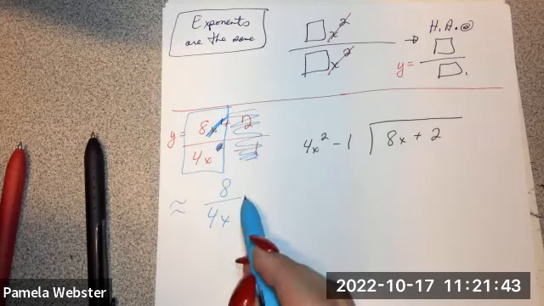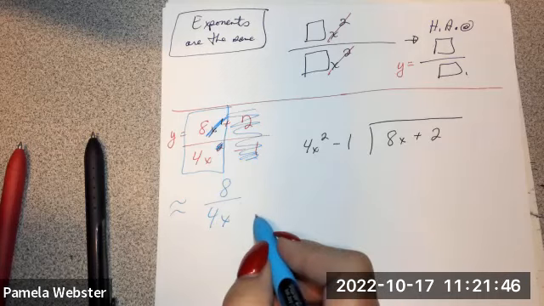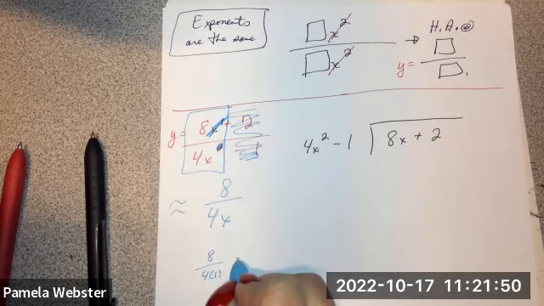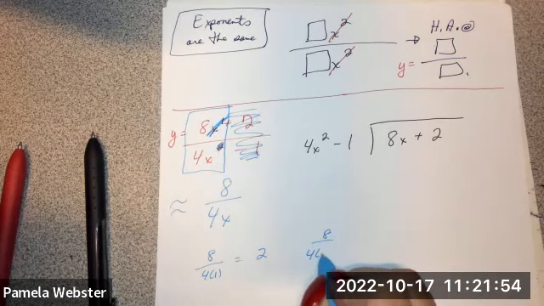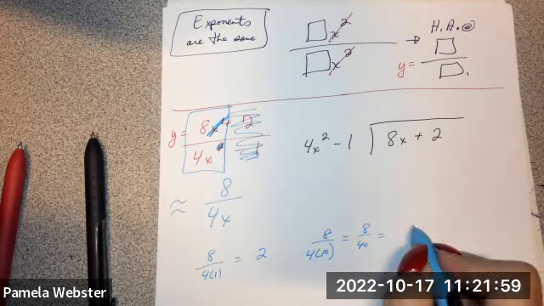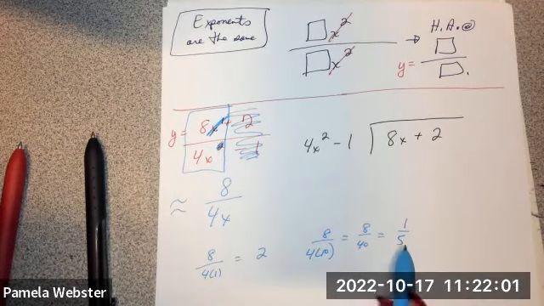If you're not sure what I mean by that, test different points. What if it was 8 over 4 times 1? Well, that's just a 2. But if it was 8 over 4 times 10, that's 8 over 40, that's like 1/5. So this is getting closer to 0 already.